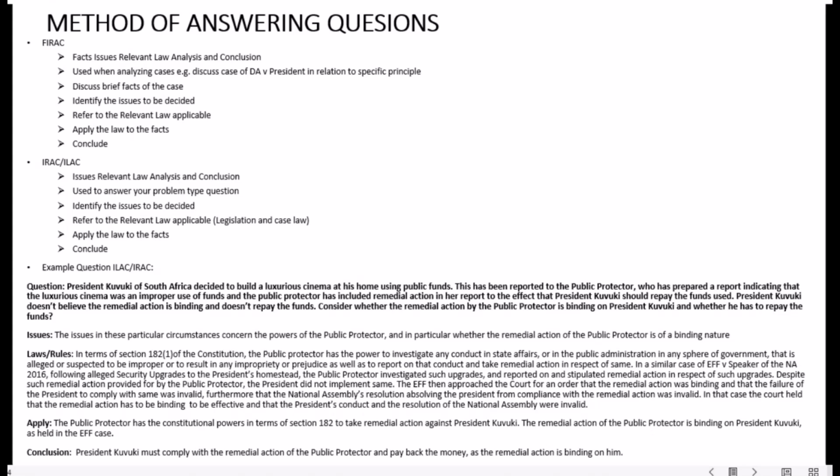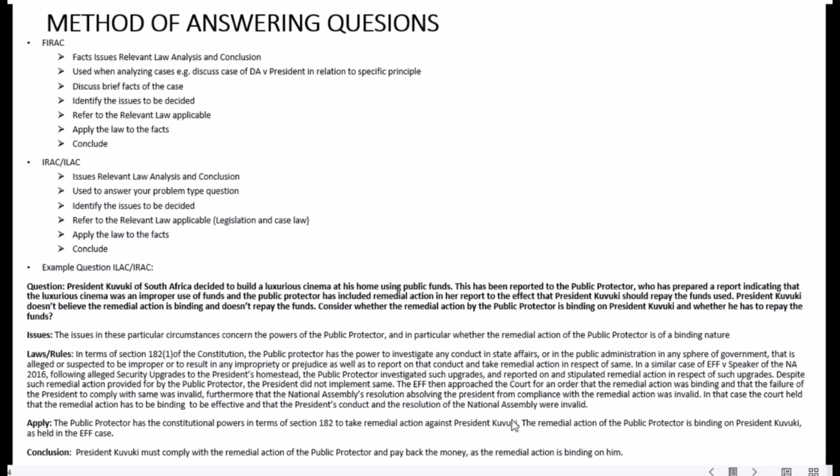The remedial action of the public protector is binding on President Kuvuki as held in the EFF case. So you can see there we're linking the laws and the rules to the issues we're applying. That's how you apply: you refer to your law or your rule and you apply them to the issue at hand.